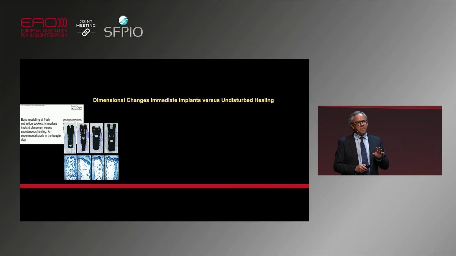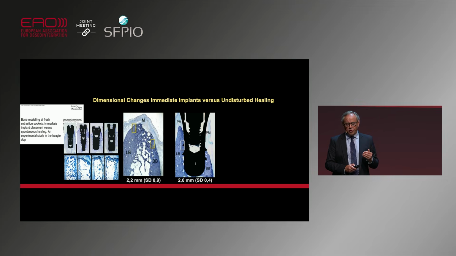And basically 3 decades or 2 decades back, we did this study where in an experimental animal study, we compared 4 different implant systems. And we compared the outcome exactly with the adjacent socket that was allowed to heal undisturbed. And you see here one example, the immediate implant placement and the adjacent socket that was allowed to heal undisturbed.